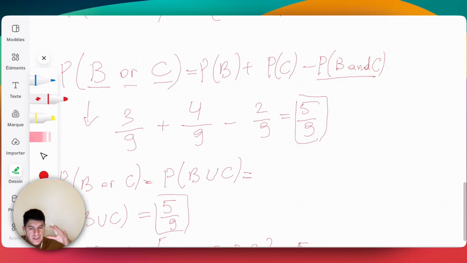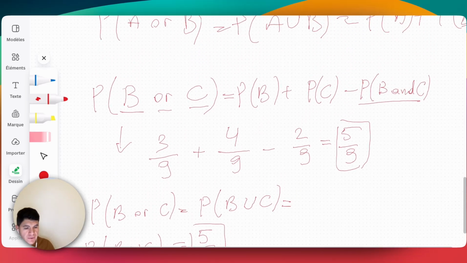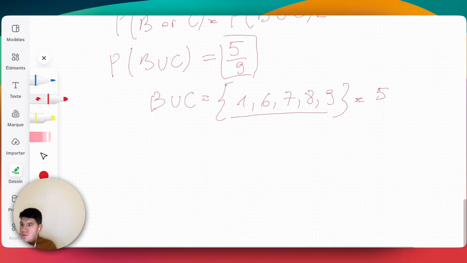We are taking away the 2 elements in the intersection, the overlapping part. If the events are mutually exclusive, it doesn't matter, because this part becomes 0, as we saw earlier in the case of A and B.